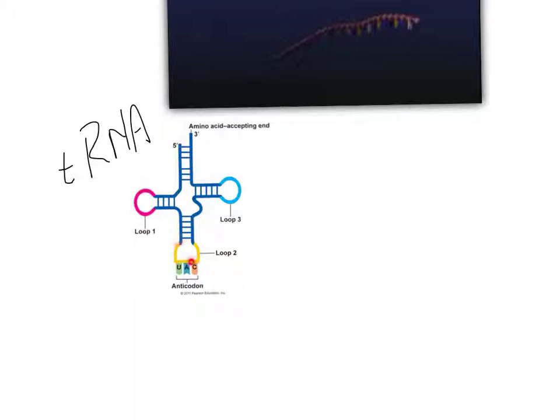The key feature is that at one end they have a loop of RNA nucleotides which presents 3 RNA nucleotides, and that is known as an anticodon. At the other end, there is an amino acid attached. The clever thing is that these 3 nucleotides always correspond to a particular amino acid.